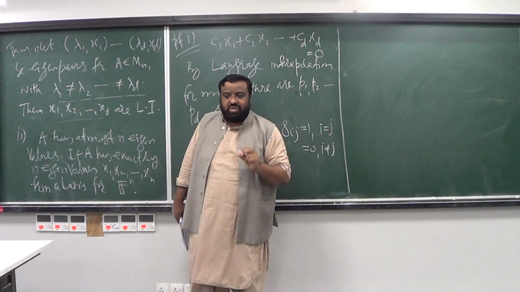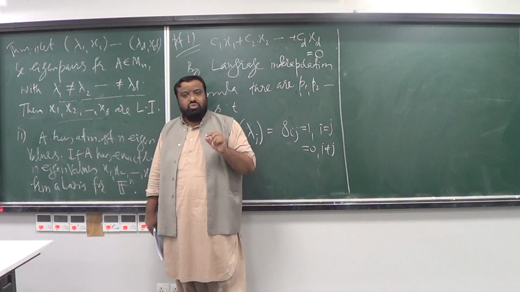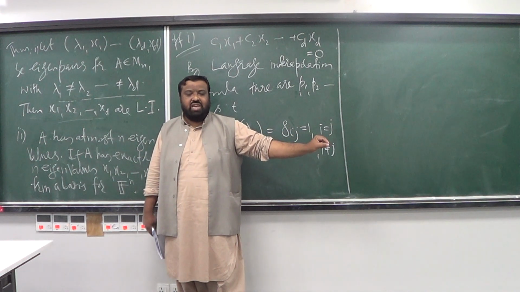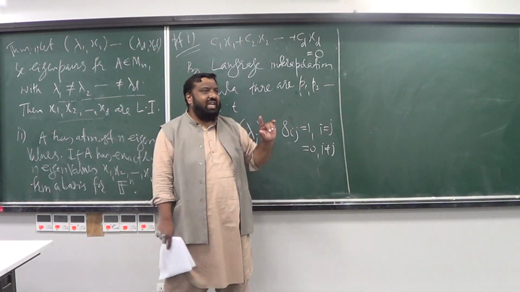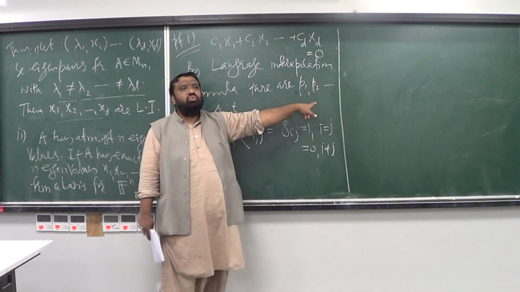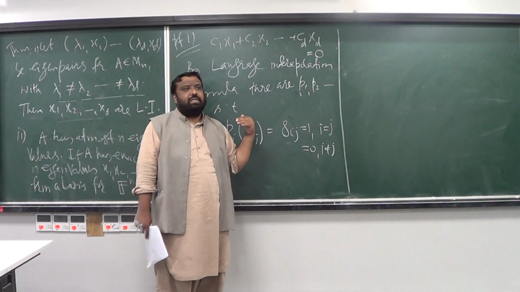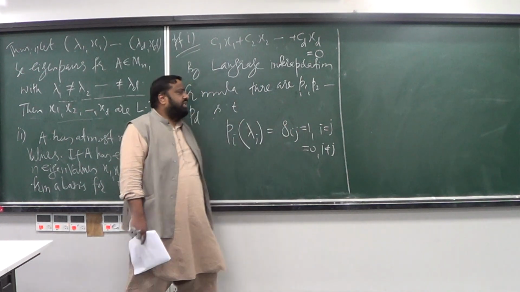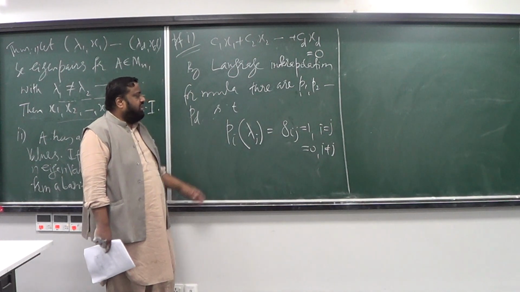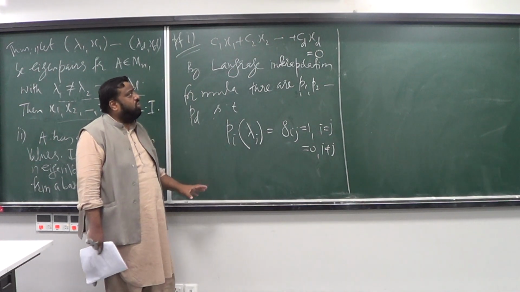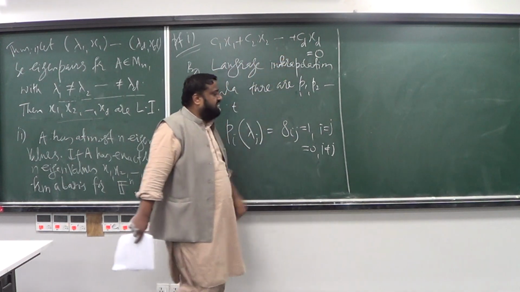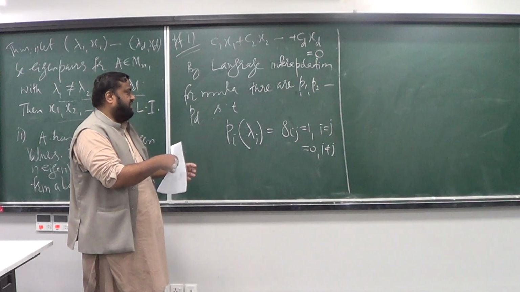P2 is a polynomial whose roots are lambda 1, lambda 3 up to lambda d, not lambda 2, because when lambda 2 is substituted into P2, you get 1. In this manner these polynomials have been constructed. Now using such polynomials we're going to show that in this combination these constants are 0.